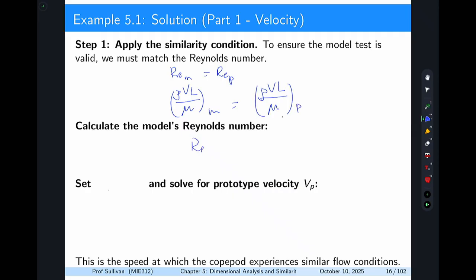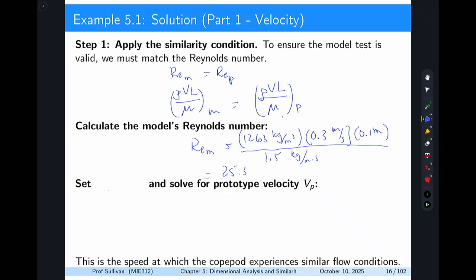And Reynolds of the model is 1263 kilos per cubic meter, 0.3 meters per second, 0.1 meters, all over 1.5 kilogram meter seconds, which equals 25.3. This is a very low Reynolds number.